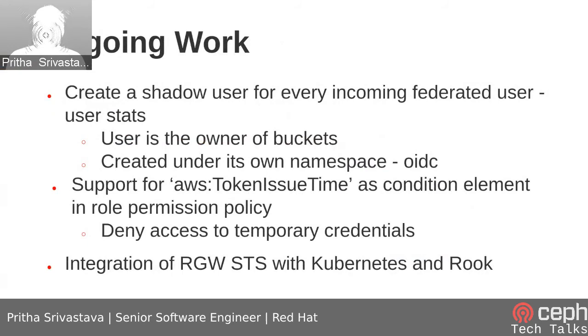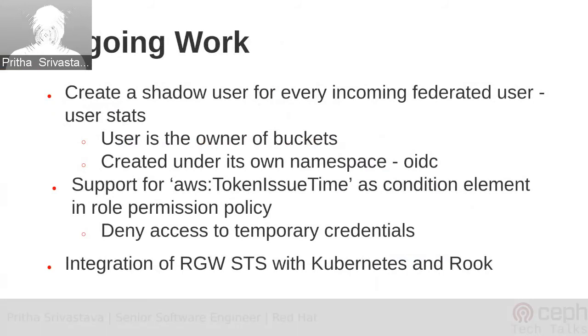The users are created under their own namespace, which is OIDC for the time being, such that they do not clash with other users like the Keystone users, the LDAP users. And the system administrator need not create these shadow users. They are created automatically under the covers when an assume role with web identity call is made.